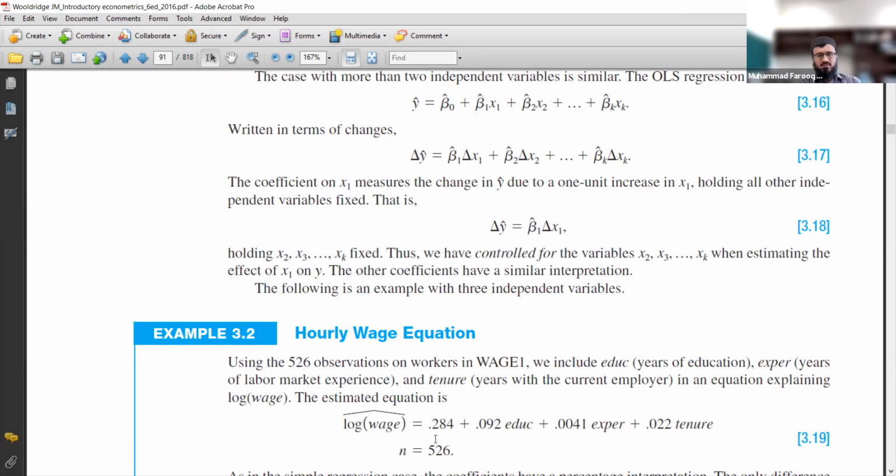And obviously there's an intercept term which is also positive, 0.284. Anyone who would like to interpret this regression? Comment on the results we have got.